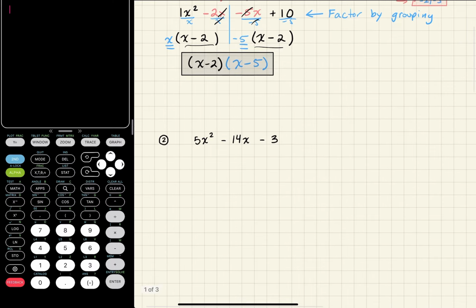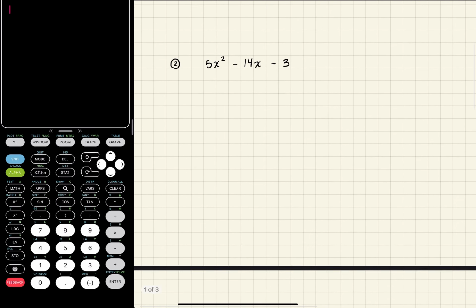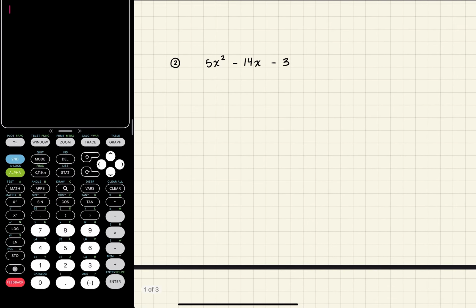I've got one more problem to look at here, just for some practice. We'll jump right into it. We do a times c. That's 5 times negative 3, which is a negative 15. Now we're going to write all the different ways we can make negative 15.